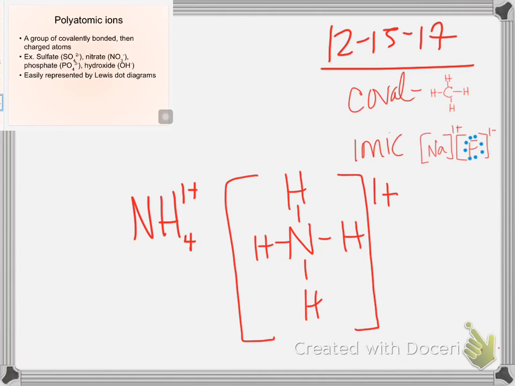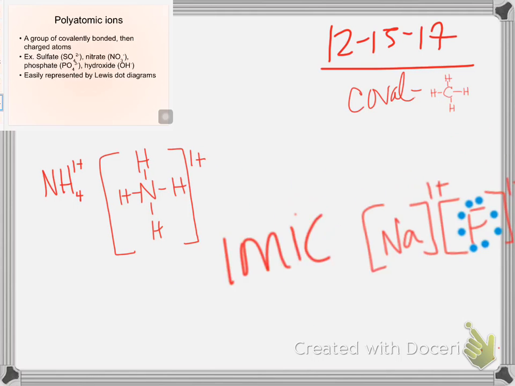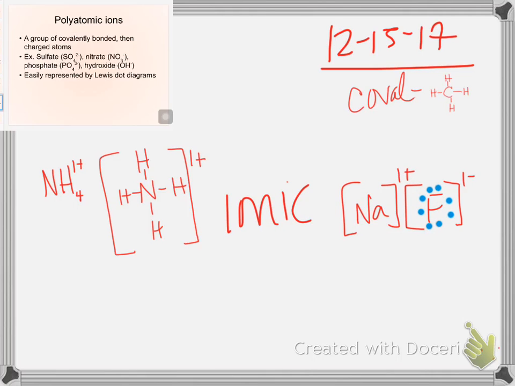The thing that carries over from the last day we were together, the big thing that you have to remember is when you draw an ion with a Lewis diagram, you have to put that bracket around it, and you have to write the charge.